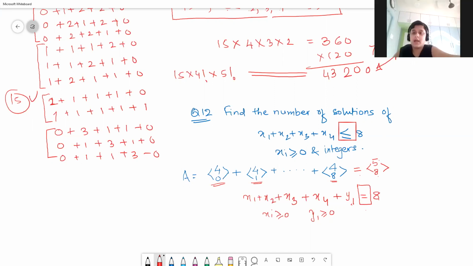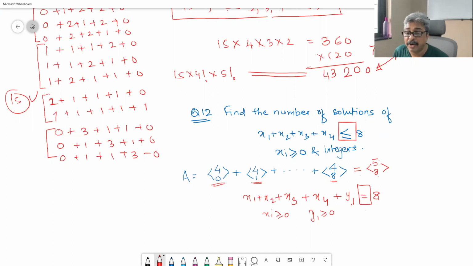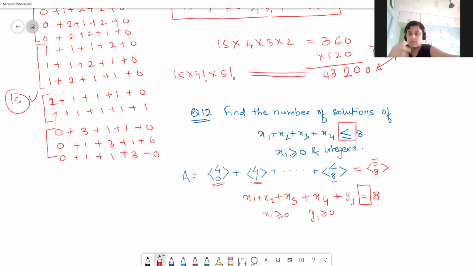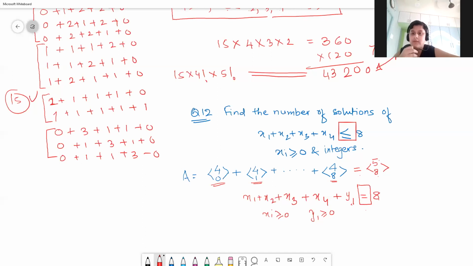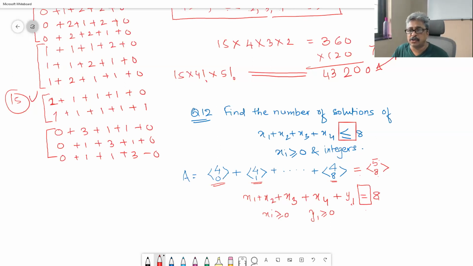Sir, won't y have the upper bound of 9? Why the upper bound of 9? Where is 9? If we add y1 which is 9, then the total will be greater than 8. That is not a solution at all.